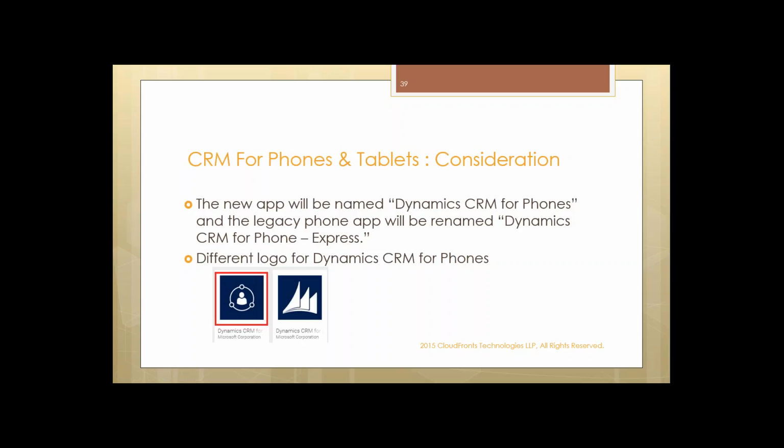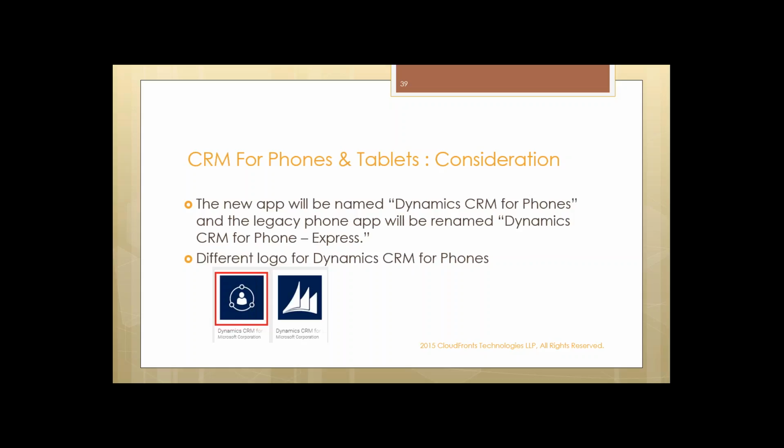Let's consider a scenario: you are already using the older application and your organization is upgraded to 2015 Update 1. When you log in from the application, it will prompt you to download the new application. So it is very easy for a user to be notified.